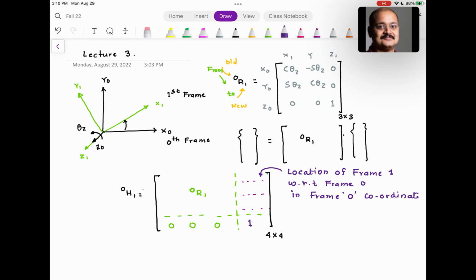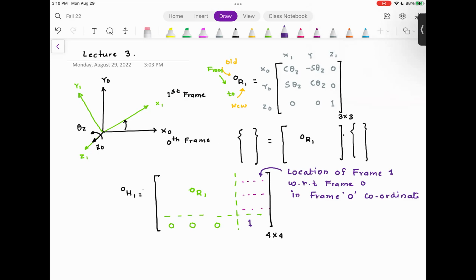Frame 0 and frame 1 are on top of each other. But if you have a robot joint, most unlikely these frames will be on top of each other. They will be rotating and they will have some type of translation. So the homogeneous transformation matrix will take care of the rotation and translation between the frames.